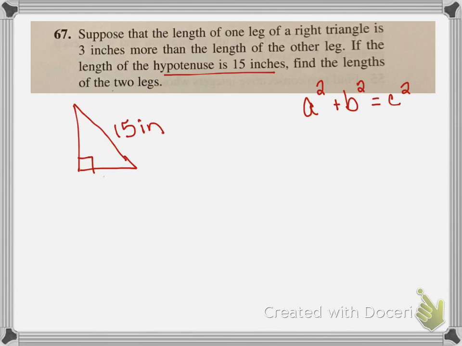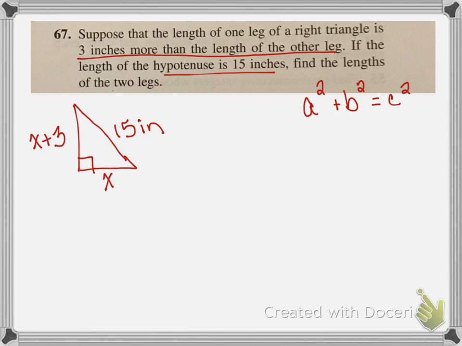So here is one leg right here. What's the length of the other leg? X plus 3. Because it says one leg is 3 inches more than the length of the other leg. So x plus 3.